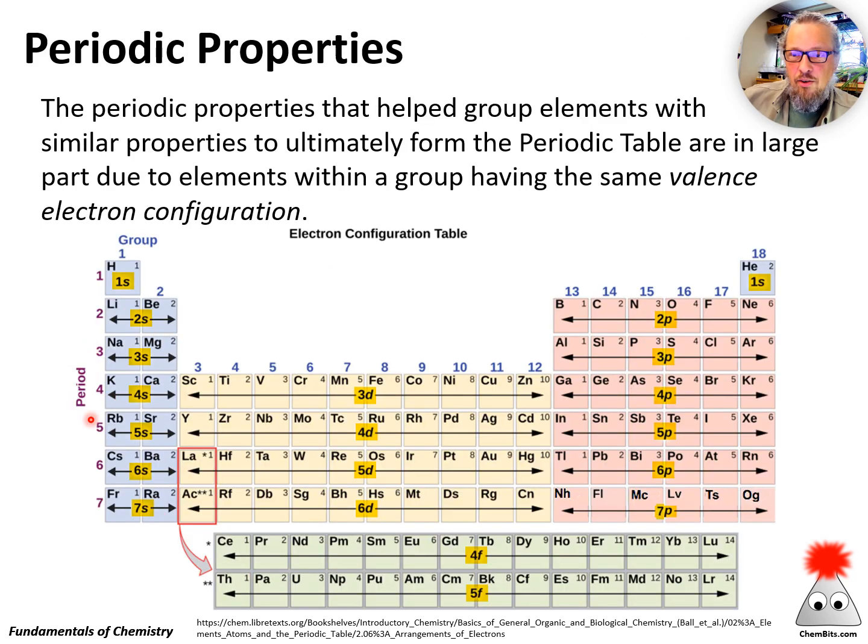So looking at this periodic table again, within each group, within each column of the periodic table, all of the elements have the same valence electron configuration, right? All of the alkali metals have an s1 valence electron configuration, whether it's 1s1, 2s1, 3s1, 4s1, 5s1.